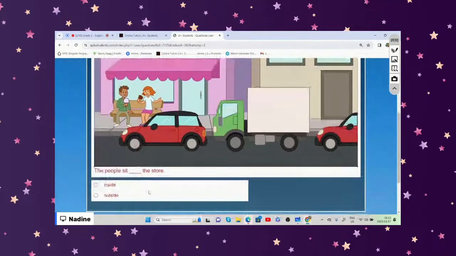Are they sitting inside the store or are they sitting outside the store? So where are the people sitting? Inside the store or outside the store?